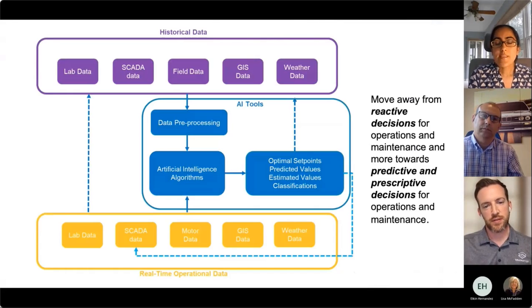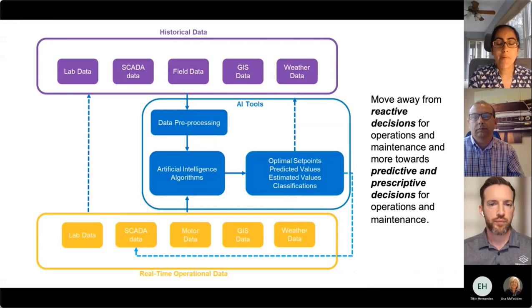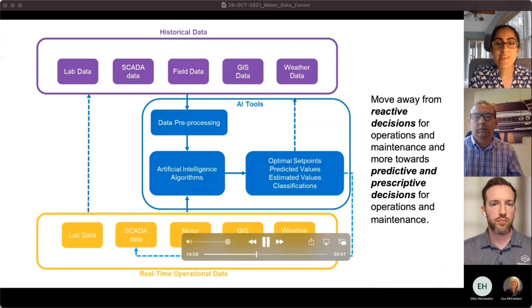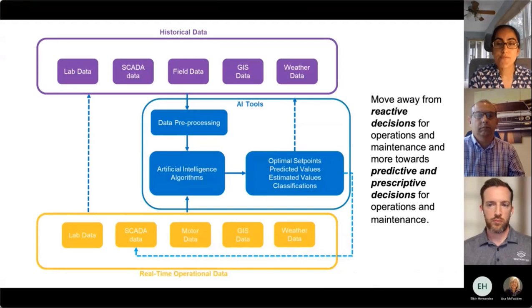Yeah, I think that artificial intelligence and machine learning can provide a benefit, but it's a change in mindset to how we operate facilities. And so, there really is that need for buy-in and acceptance of the operators, the frontline workers, to use these tools to make them better at doing their jobs, and view these tools in a way that provides them with that kind of assistance and support.